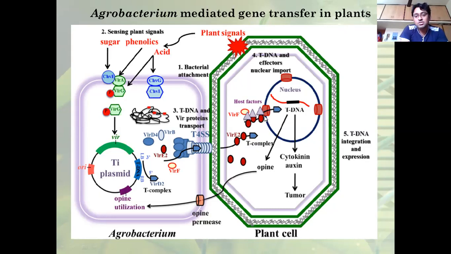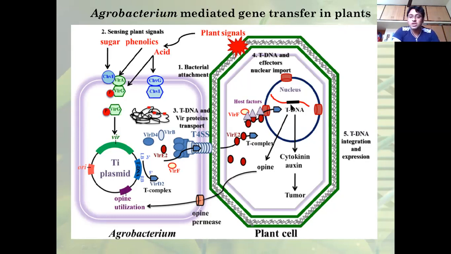And once it is incorporated into the nucleus, it will be integrated in the genome depending on particular site-specific recombination. This is the mechanism by which tDNA is transferred from agrobacterium to the plant nucleus.